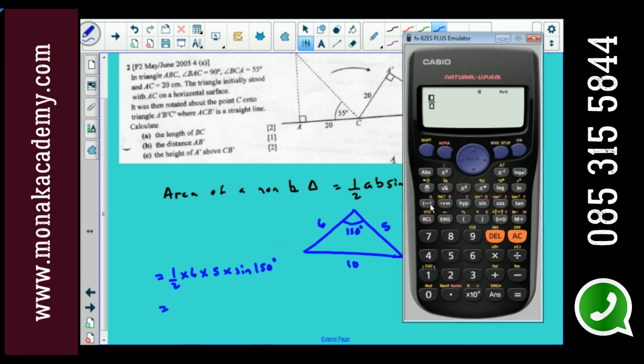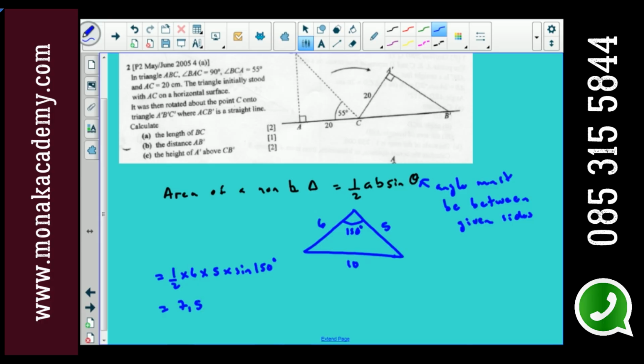So, it's 1/2 times 6 times 5 times sine 150. So your answer will be 7.5. 7.5 what? Centimeters squared. I mean, there's nothing complicated about that, right?